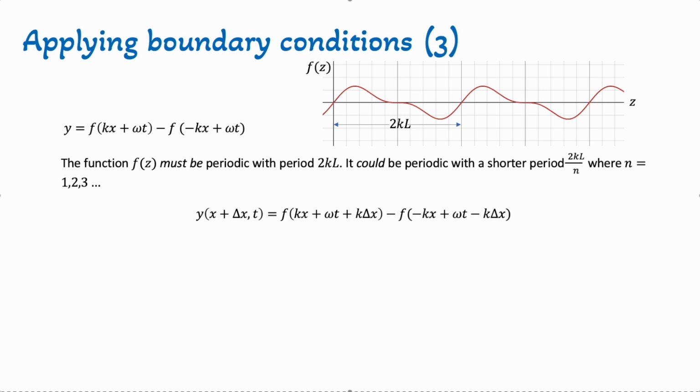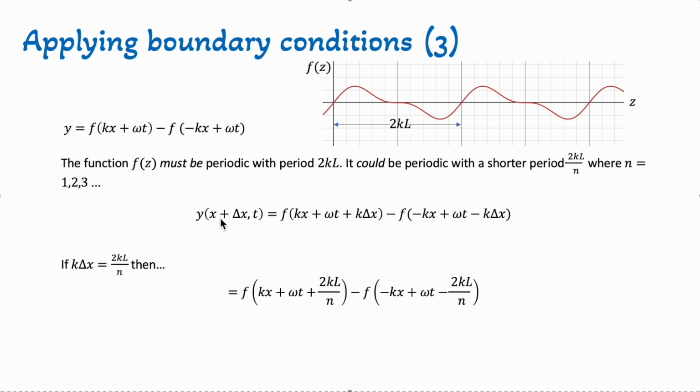If I substitute in x is x plus delta x, I get an extra k delta x and an extra minus k delta x. Now, if k delta x is equal to the period, so if k delta x is equal to 2kL over n, then what I get is this.